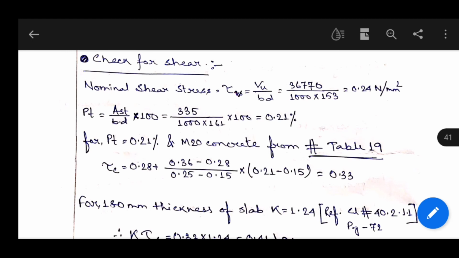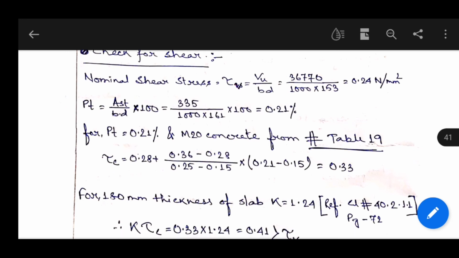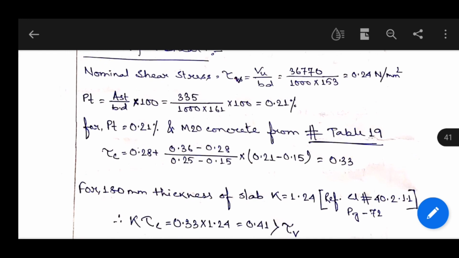Now for 180 mm thickness of slab, value of K coefficient is 1.24, which you can find out from clause number 40.2.1.1 of IS 456-2000, page number 72. I have already shown that page in the last video for one-way slab.